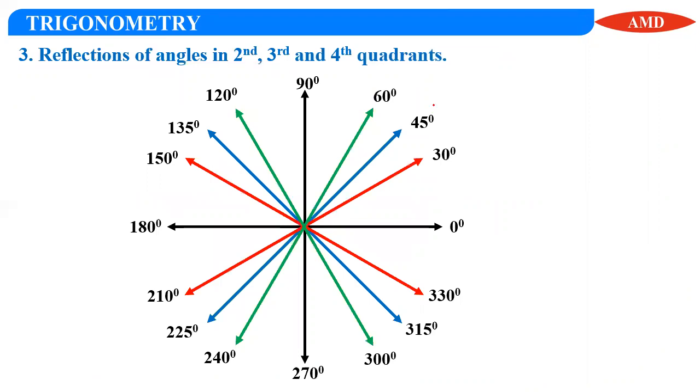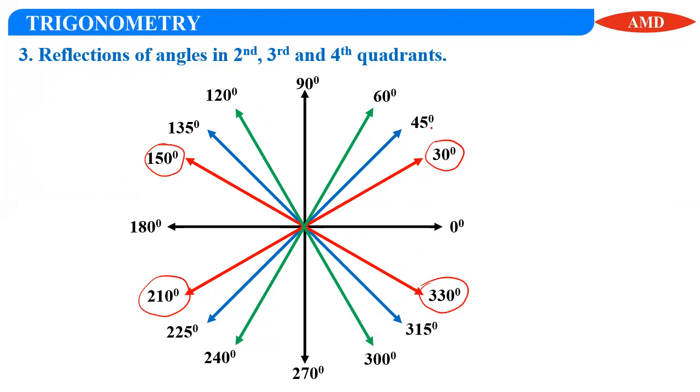That is the reflections of the angles in the first quadrant, let us say the 30. What is the reflection of 30 in the second quadrant? It is 150. The reflection of 30 in the third quadrant is 210. In the fourth quadrant, 330, for which you will have to see the red line there.